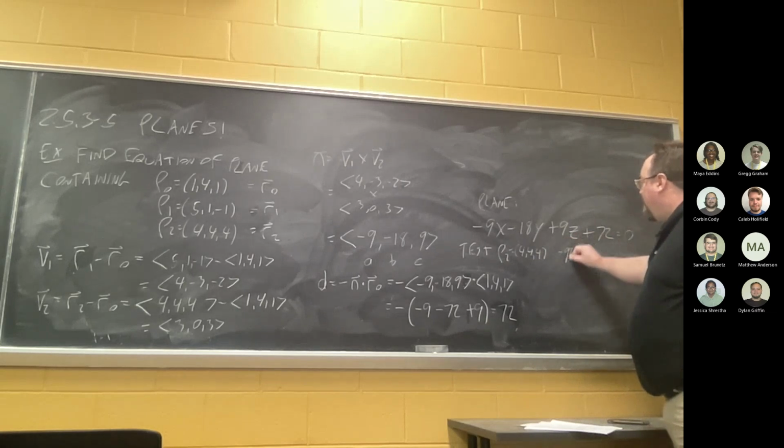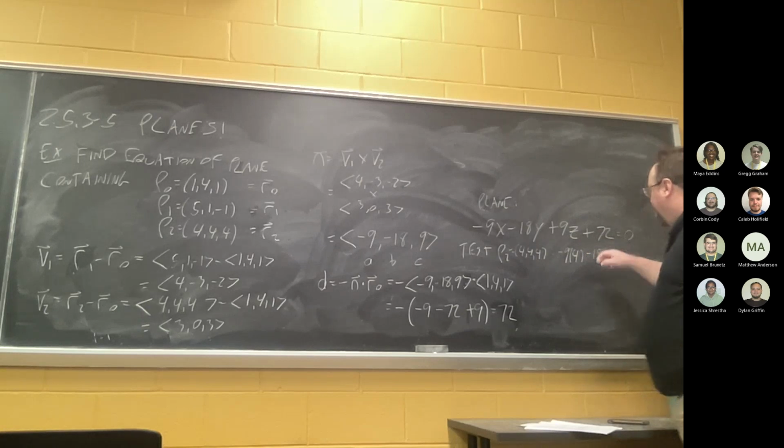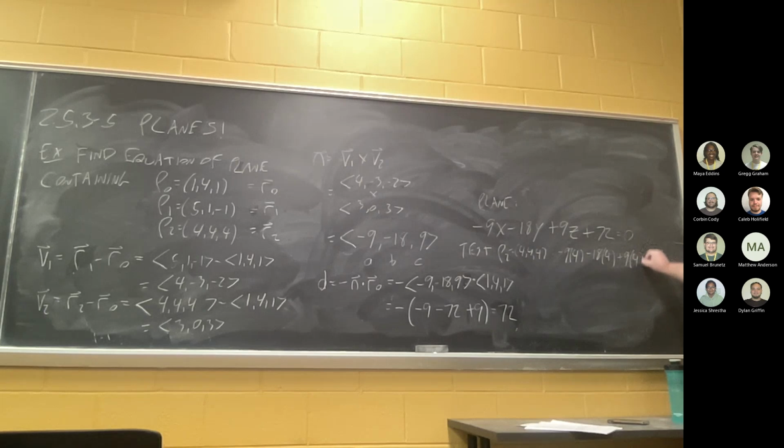We have minus 9 times x, which is 4, minus 18 times y, which is 4, and then plus 9 times z, 4, plus 72. So we have minus 9 times 4 and plus 9 times 4. Those will cancel. And then we have 18 times 4, so minus 72 plus 72. So it really does equal 0.